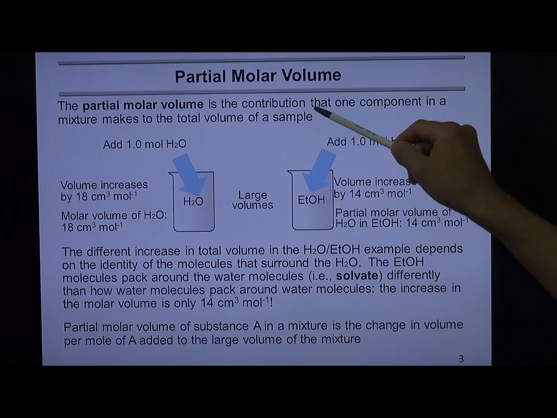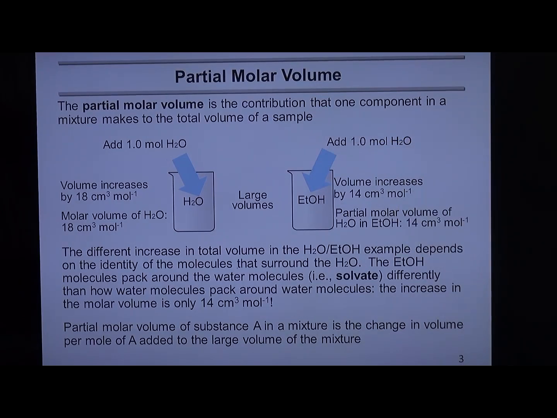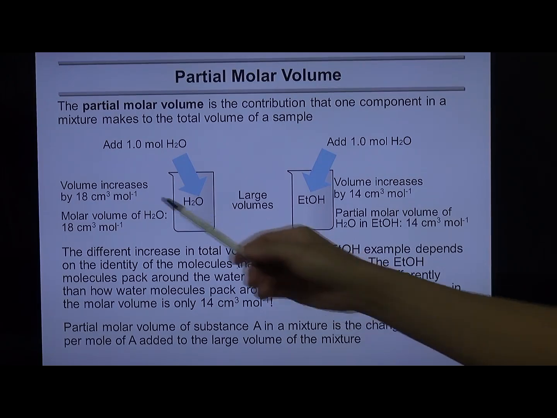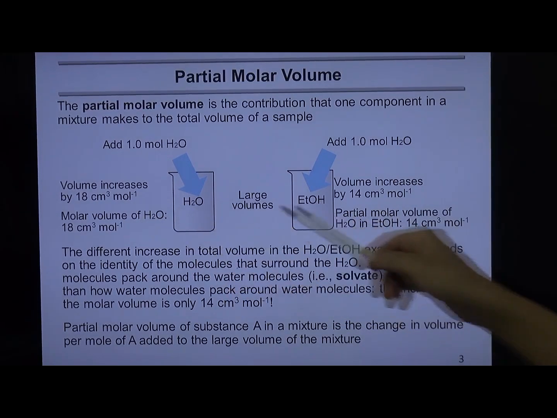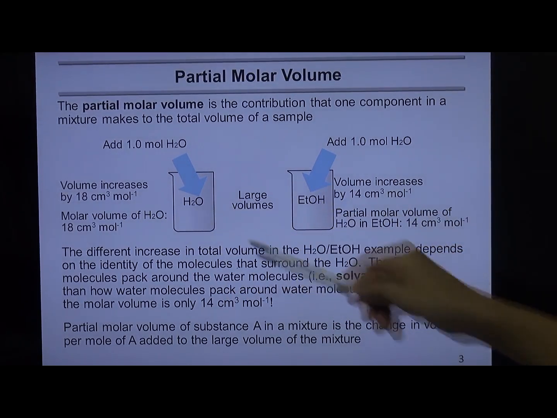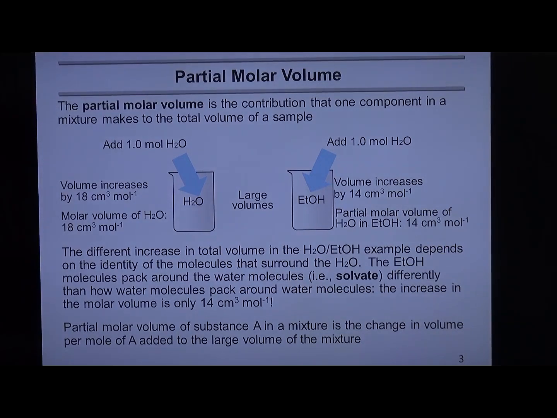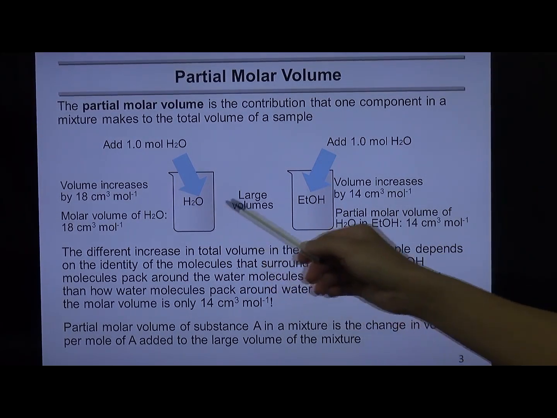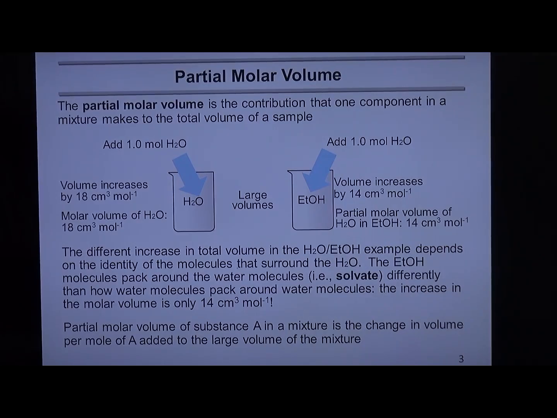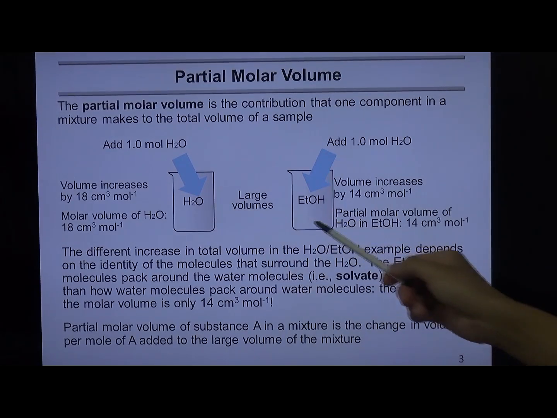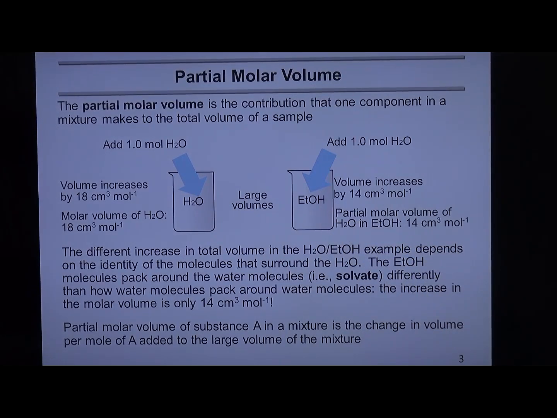That's how we define partial molar volume, right? The reason why the partial molar volume of water in a different environment is different is that they have different environments. Water and ethanol have different molecular structures, right? So as liquids, they have different molecular arrangements. So as a result, they have different partial molar volumes.